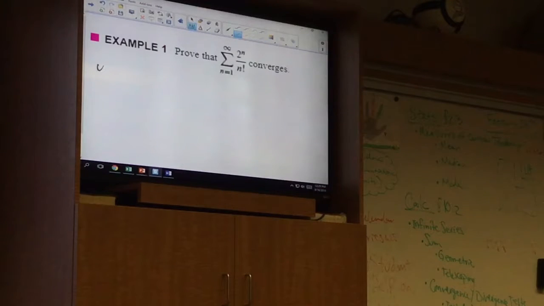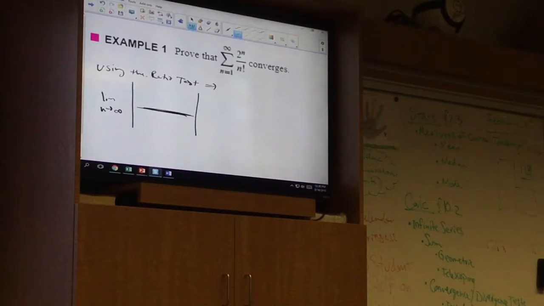Let's use the ratio test. So using the ratio test, we get the limit as n approaches infinity of the absolute value of something over something else. So what is the numerator? Look at the ratio test.